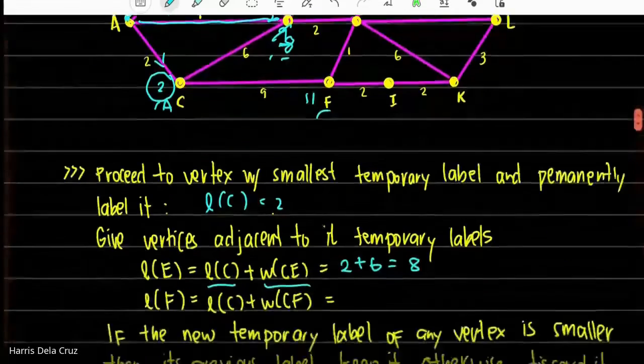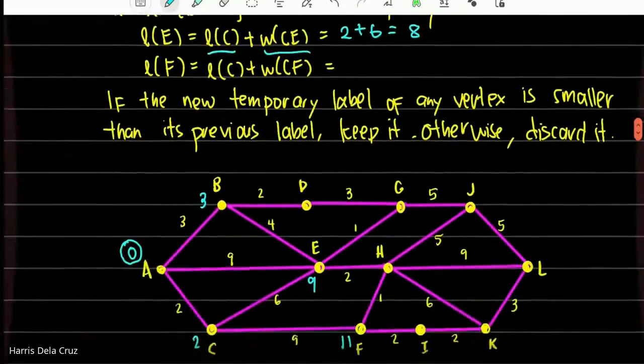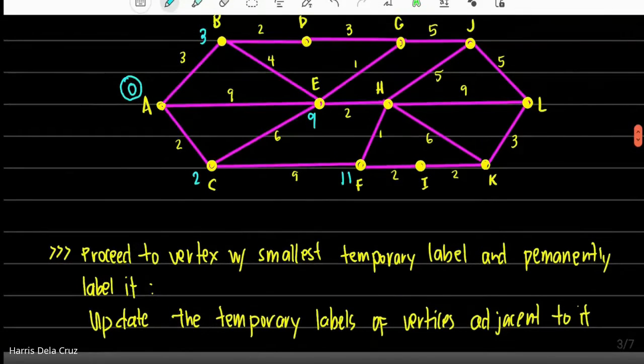Okay? So again, the idea is to get the least label, tapos doon ka mag-start ulit ng iteration. So now, what we're going to do is to proceed to vertex with smallest temporary label. Again, at this time, ang smallest temporary label natin ay yung B, which is 3.